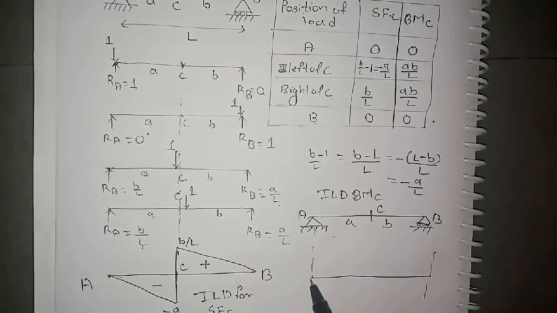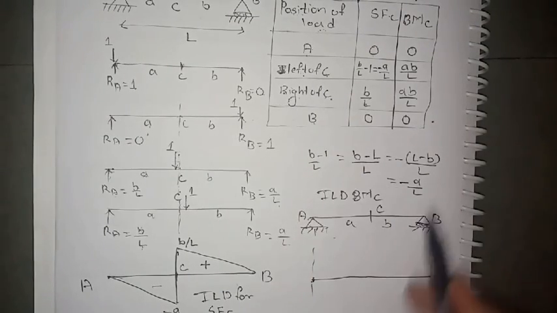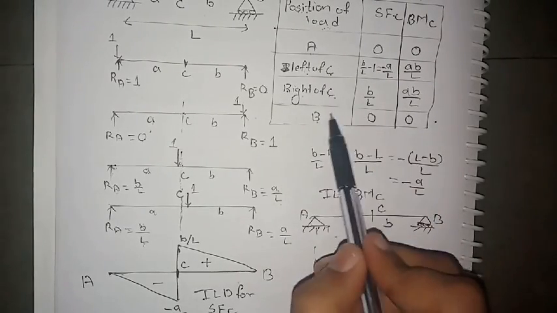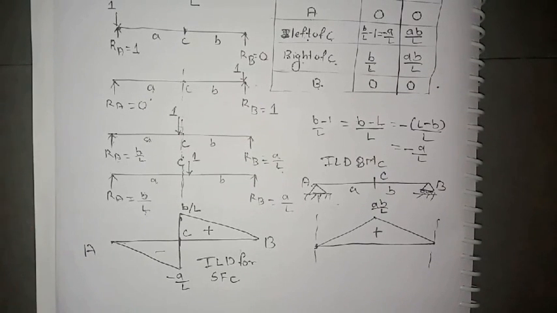When the load is at A, bending moment is 0. When the load is just to the left of C and just to the right of C, bending moment will be equal to AB by L. And when the load is at B, the bending moment at C is 0. So these are the standard cases for a simply supported beam, ILD for shear force and ILD for bending moment.